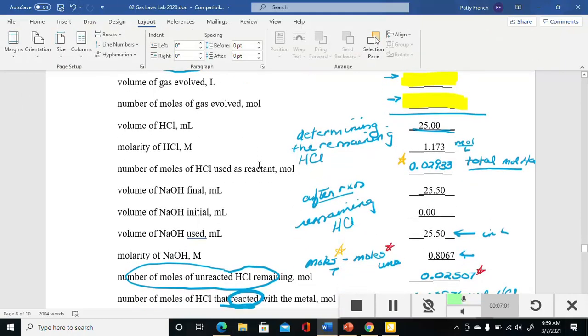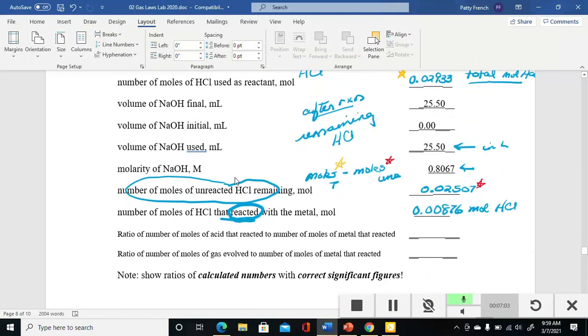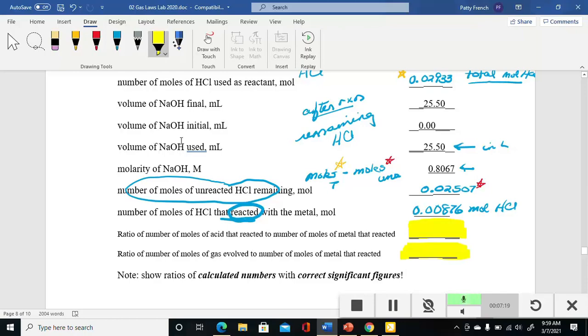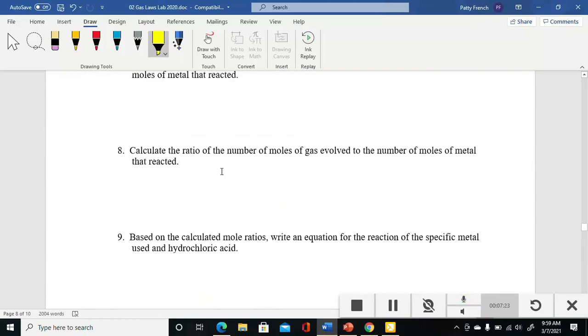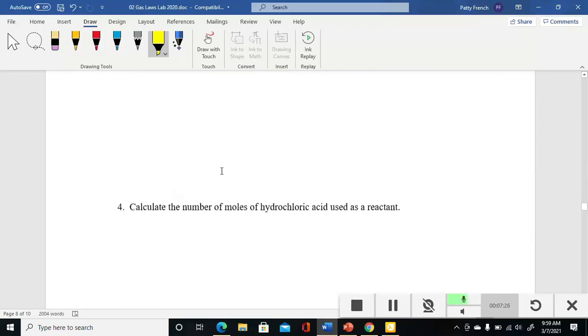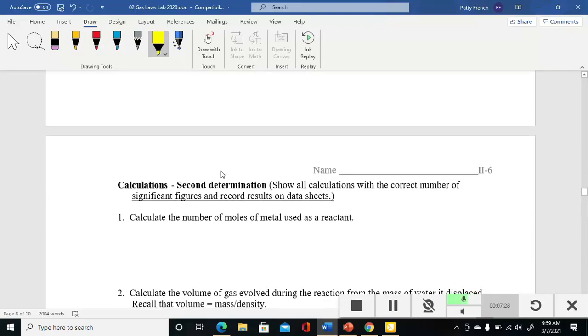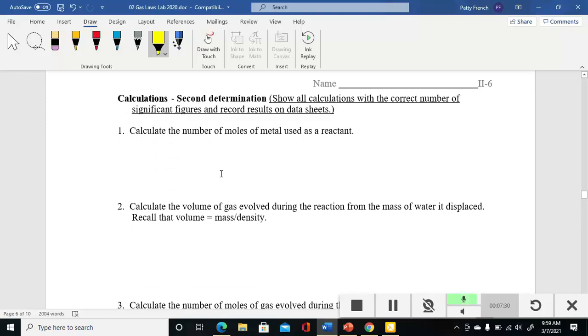We will also be determining the ratio of the number of moles of acid to the number of moles of metal, and also the number of moles of gas to the number of moles of metal. And we have to be sure we're watching our significant figures. Having that sheet in front of you, you should probably be doing your work right alongside me at the same time.